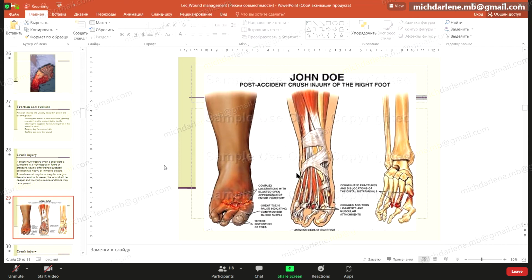If something heavy falls on a patient's foot, for example, here we have a combined kind of injury. It's a deep wound with multifragmentary fractures of the metatarsal bones. Here in this situation we have some problems because we can't operate on the open fractures immediately, but we try to stabilize this fracture with an external plaster cast.